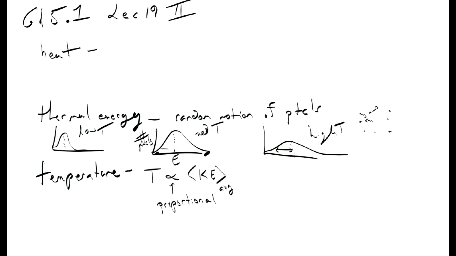If you have a really cold, let's see, this is cold and this is hot, the big cold thing will have more thermal energy, and the small hot thing will have less thermal energy, just because of fewer particles versus more particles.